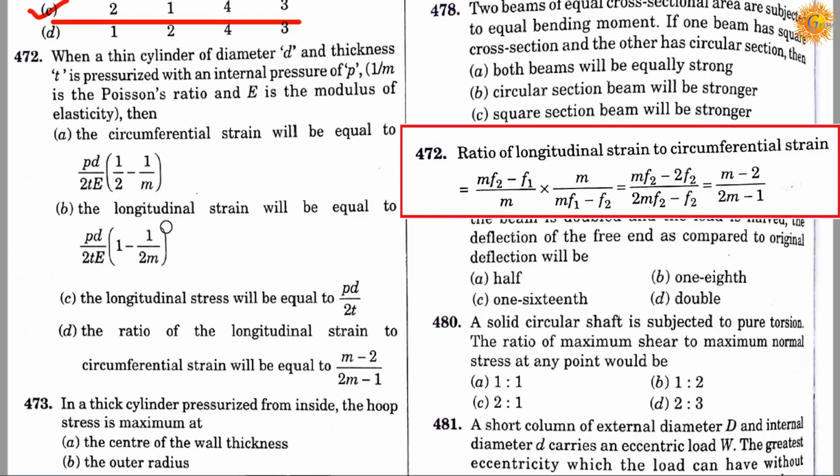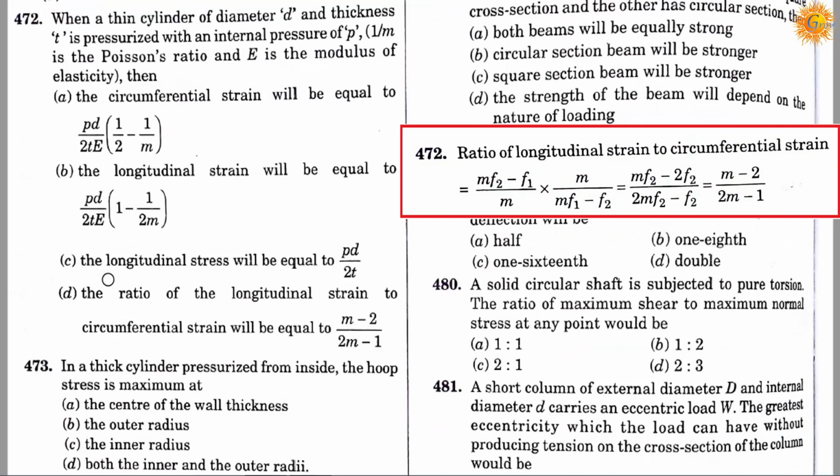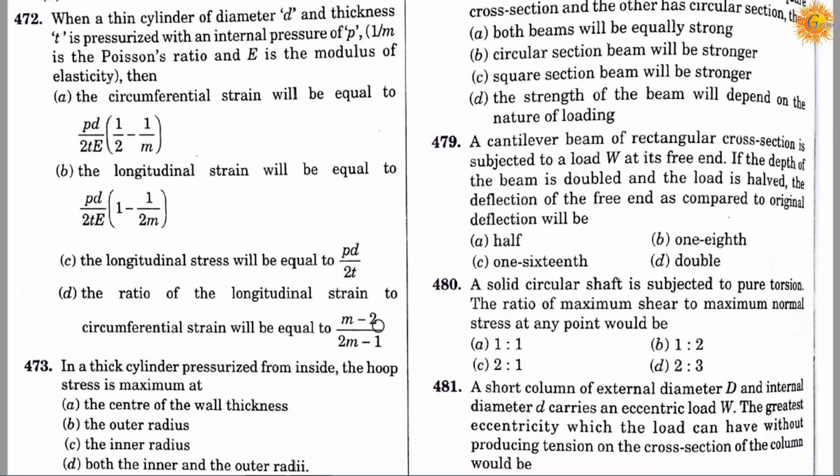Option B, the longitudinal strain will be equal to PD upon 2TE in the small bracket 1 minus 1 upon 2m. Option C, the longitudinal stress will be equal to PD upon 2T. And option D, the ratio of the longitudinal strain to circumferential strain will be equal to m minus 2 divided by 2m minus 1. So the correct answer is D, m minus 2 divided by 2m minus 1.